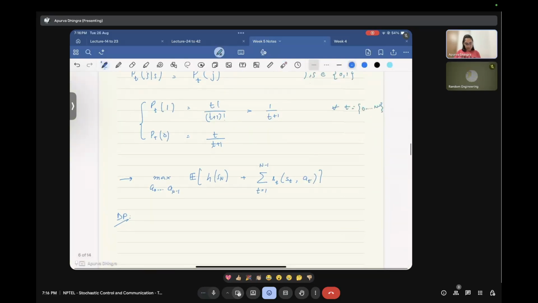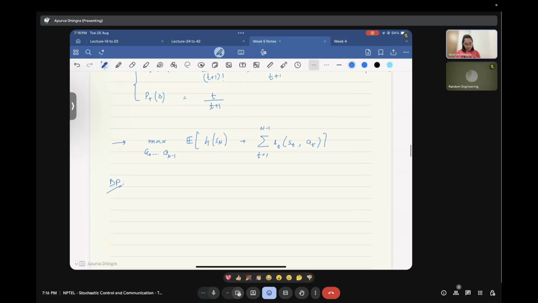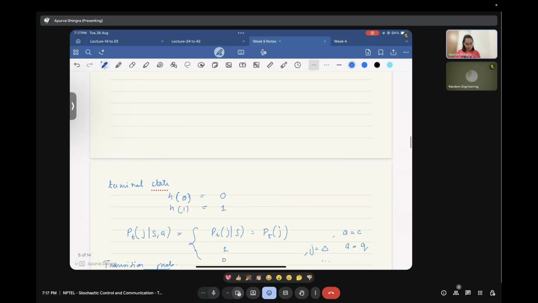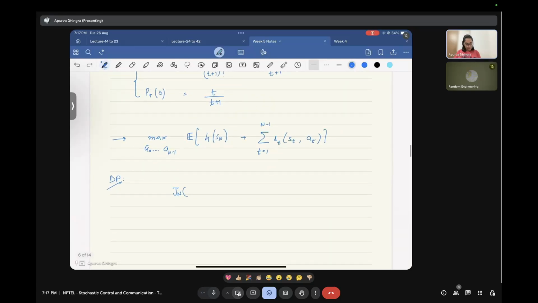So in the process of applying DP, we would have Jn of xn. If xn, or the state, was 0, we would be getting just 0. If on the other hand the state is 1, we would be getting 1.